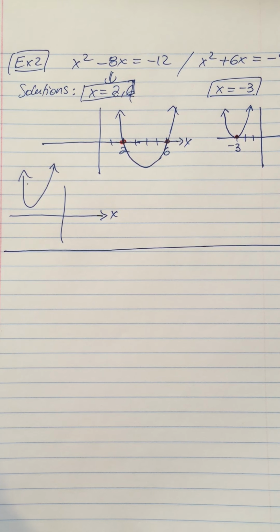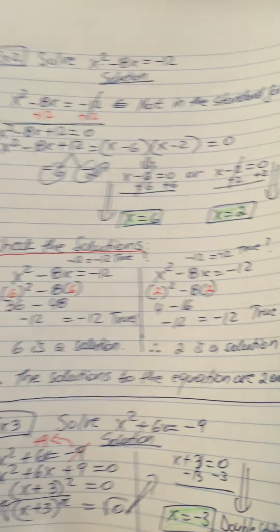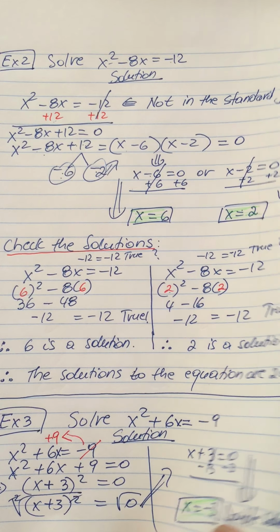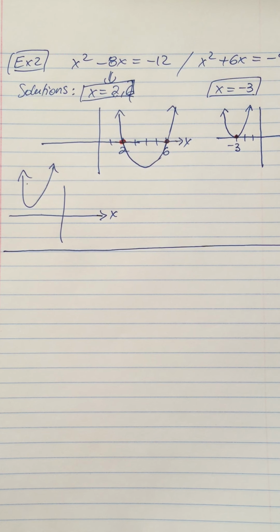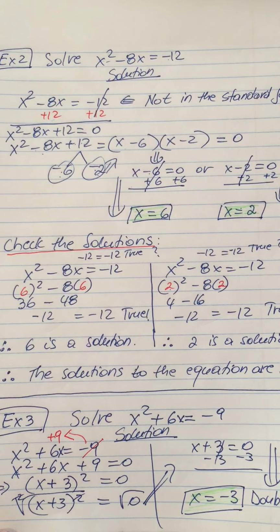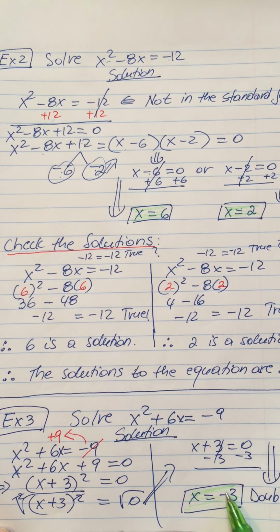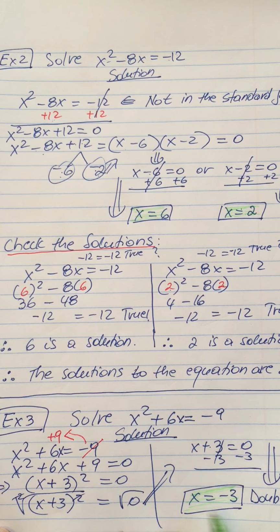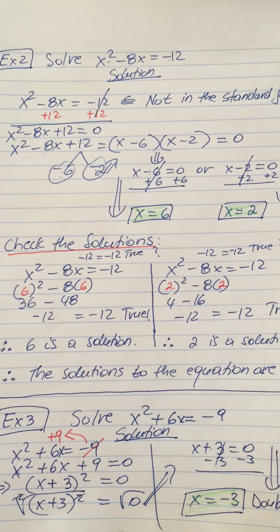Okay, but today it is not the subject. Today we just want to solve, just to find the solution, and that's it. But since we have a double solution, okay, so you have to know what this means.